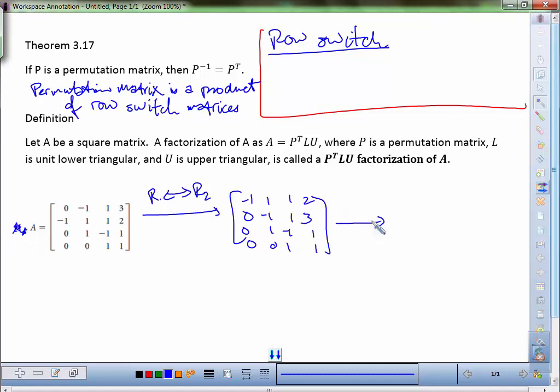And so what I'm going to do is I'm going to do this operation, and I'm going to scratch it out, but we'll see how this is going to work out. I suppose you should do that on your paper too.